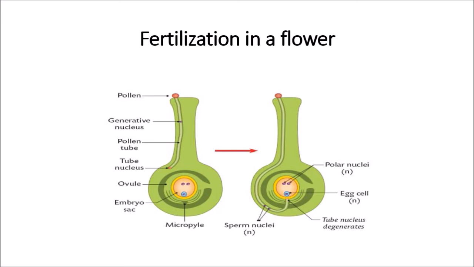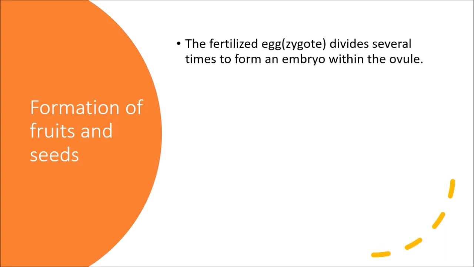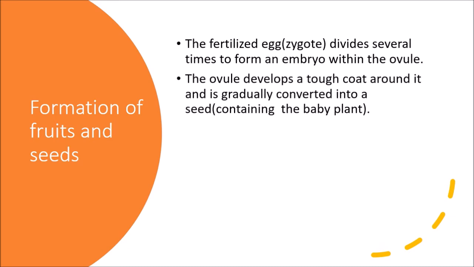Next is the formation of fruits and seeds. The fertilized egg, known as the zygote, divides several times to form an embryo within the ovule. And this ovule develops a tough coat around it and gradually gets converted into a seed.